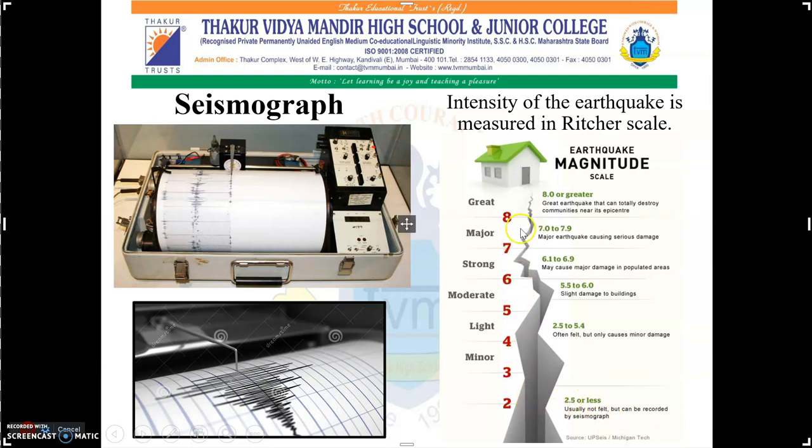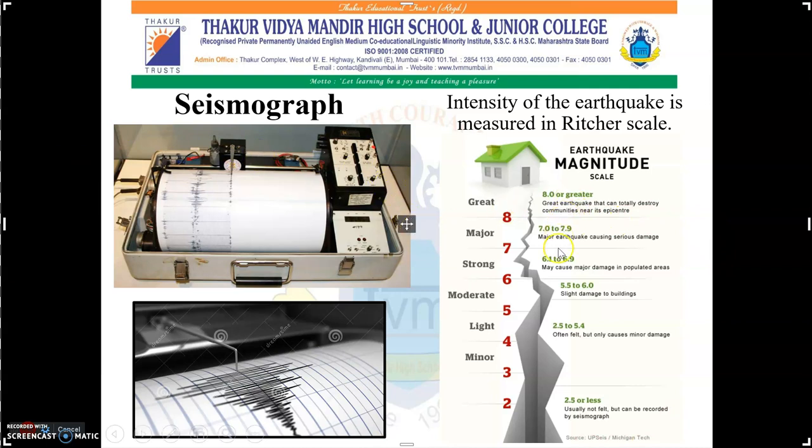When we move in the upward direction, the intensity or the magnitude of the earthquake goes on increasing. As you can see over here, the highest is 8. If the magnitude of the earthquake is around 8 or greater, then that earthquake is really very dangerous. It can destroy the total community near its epicenter.